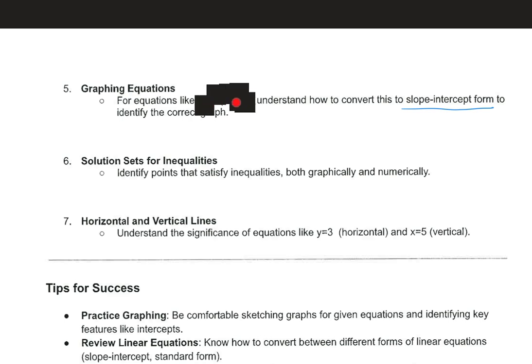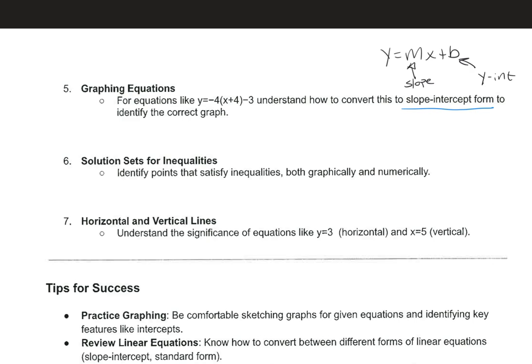I cannot figure this out unless I change it to slope-intercept form. I already have a y equals on this side, but I need to change this to slope-intercept form. And remember, slope-intercept form is y equals mx plus b, where m is going to be my slope and b is going to be my y-intercept.